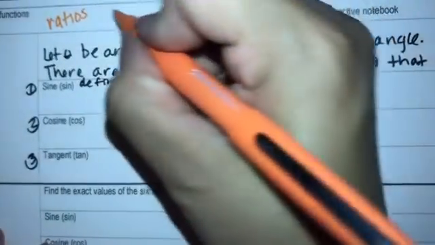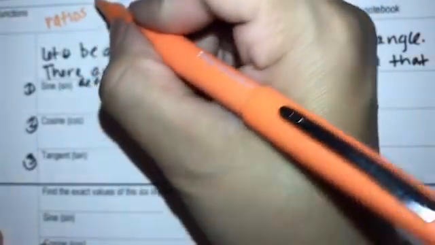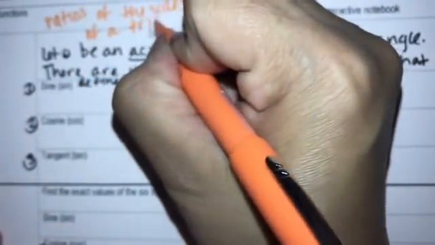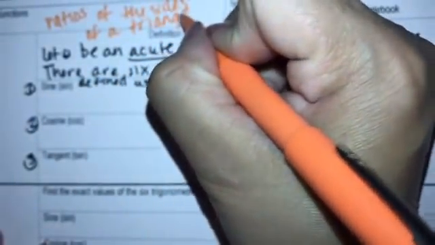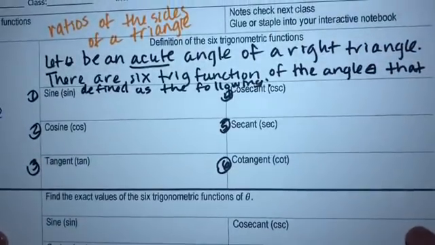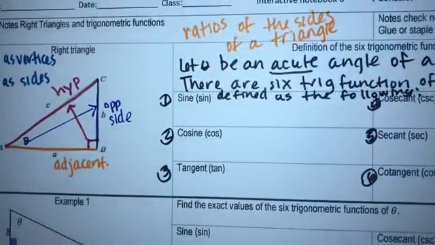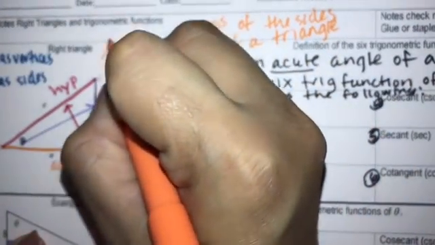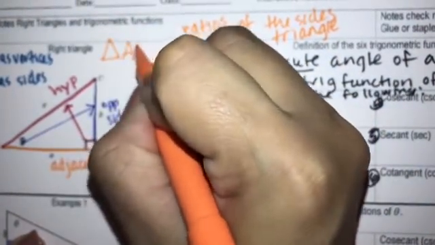So the trig functions are ratios of the sides of a triangle. The triangle that we're talking about is going to be ABC.